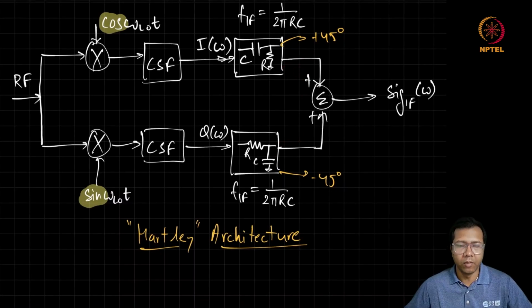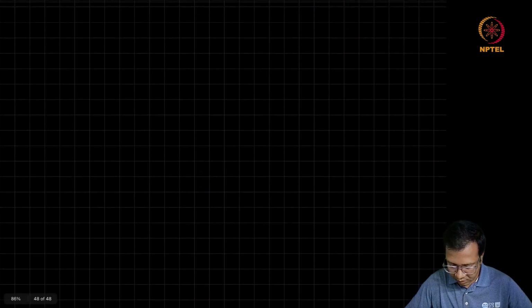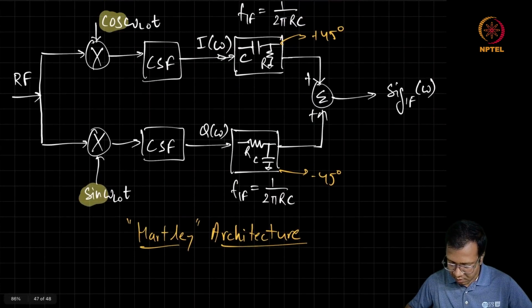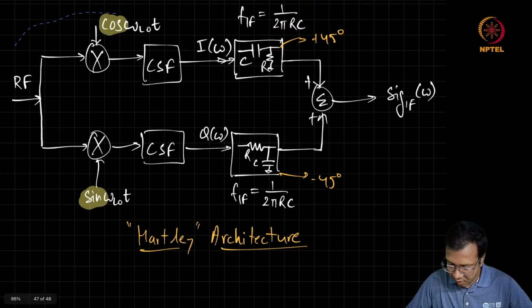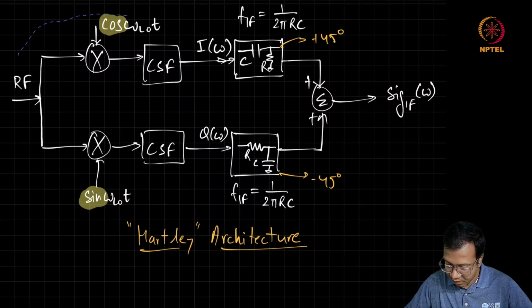There is another approach to introduce 90 degree phase shift in the two paths and then add the signal to get rid of the image component, and that is by implementing the phase shift in the digital domain.